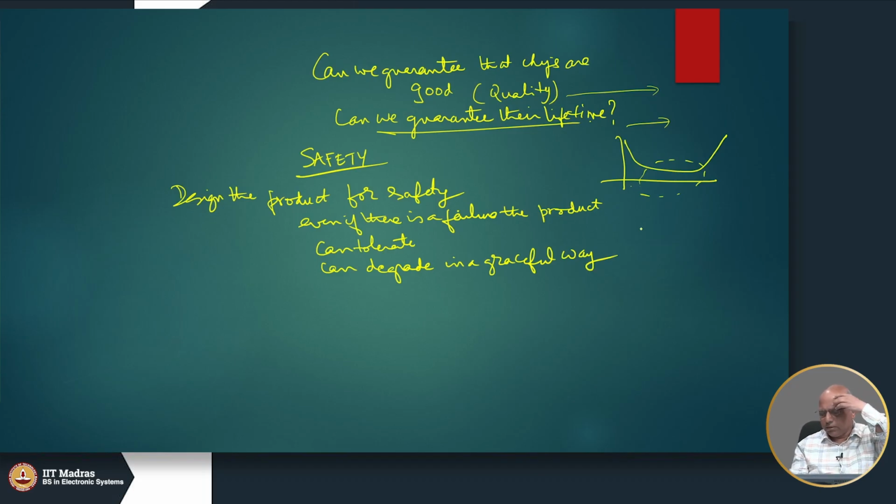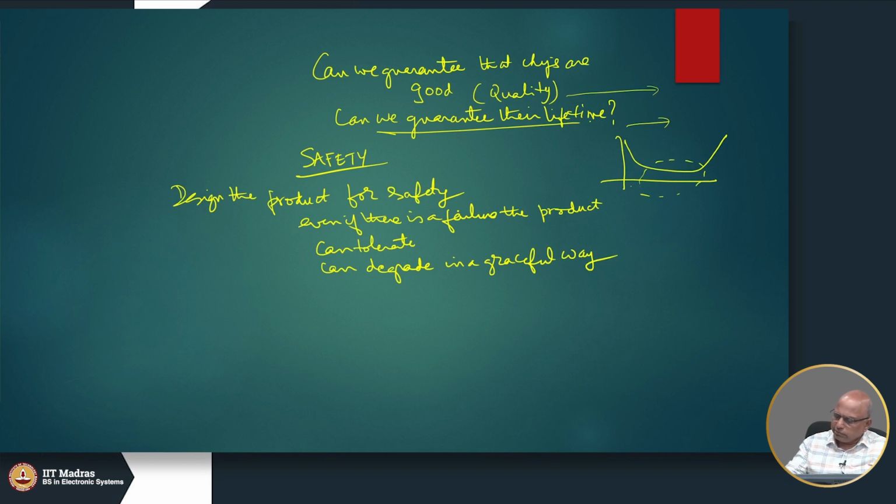Okay. See, for example, if the electronics that control the car engine has developed a problem, maybe, if it is a self driven car, then it should try and find a safe place and figure out a good way to park the vehicle somewhere safe, right?